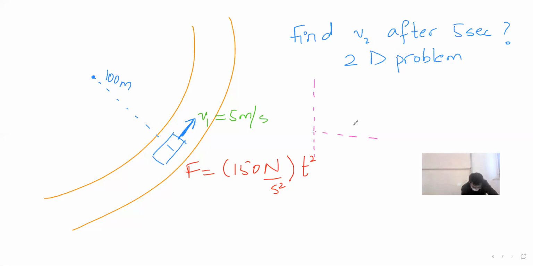So for this 3-dimensional drawing, I will create an arrow like this. This is our car that is going very nice and smoothly. Let me draw a car. And the weight is acting like this.